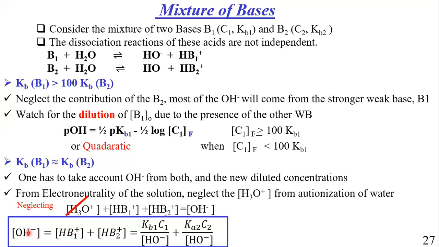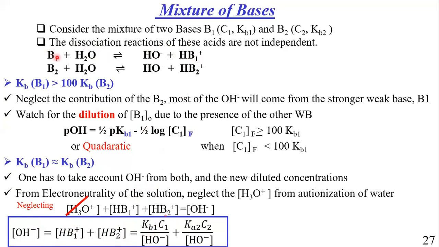Again, OH minus amounts to the BH1 plus and the BH2 plus. For each of these species, get the species from the Kb expression. So Kb will be BH plus times OH minus divided by B1. Solve for BH plus: BH plus will be Kb1 times B1 divided by OH minus.